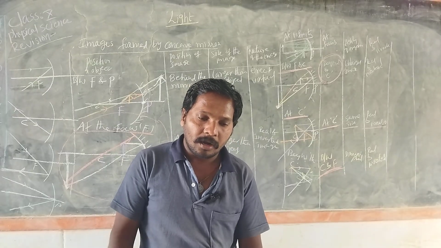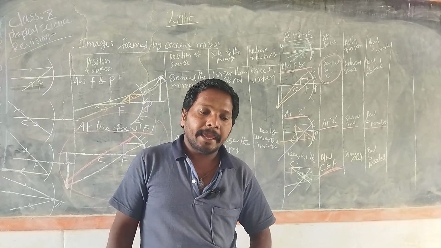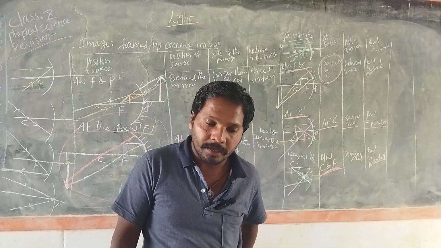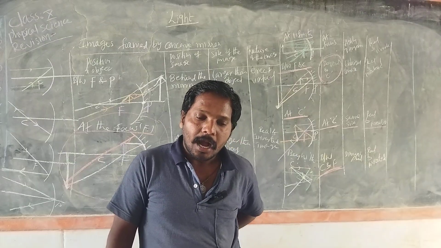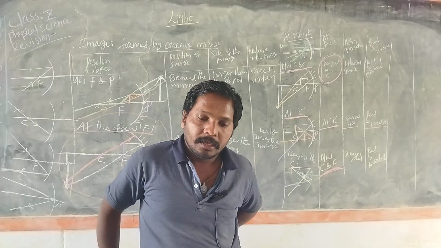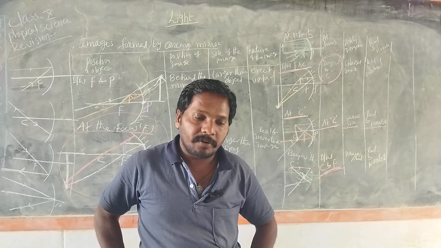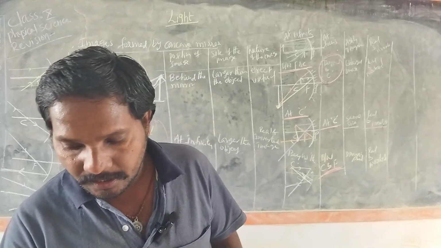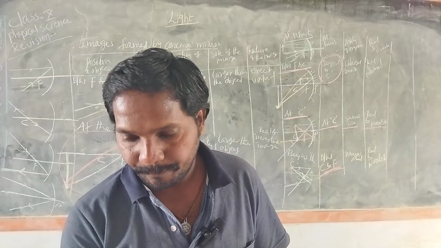One more. A ray passing through the center of curvature of a concave mirror is, after reflection, reflected back along the same path. Why?